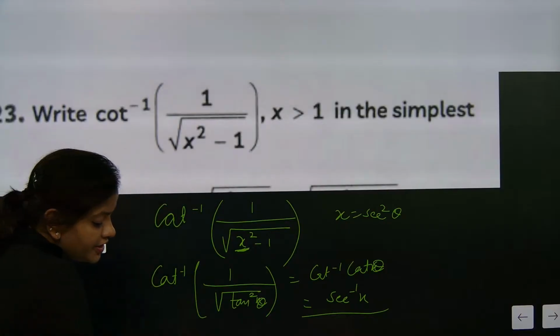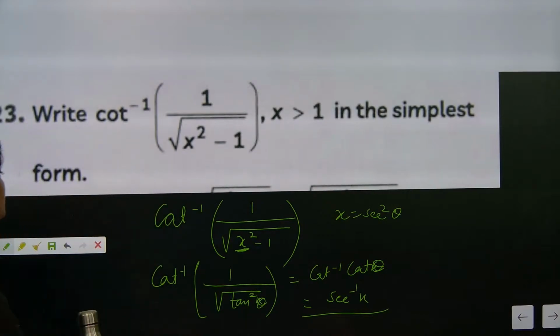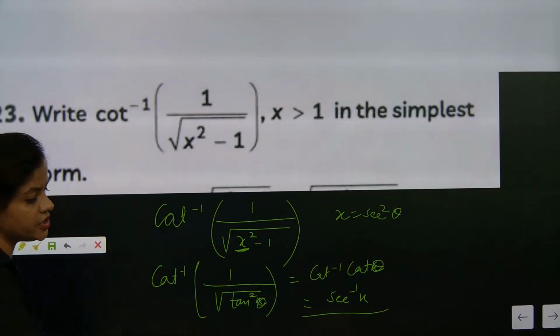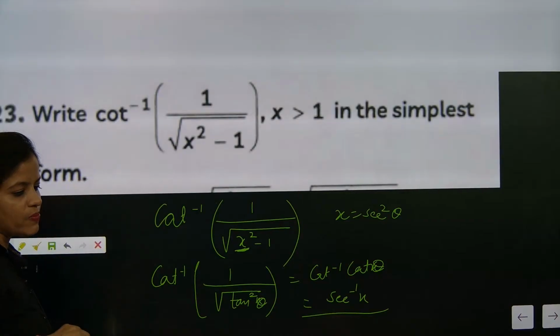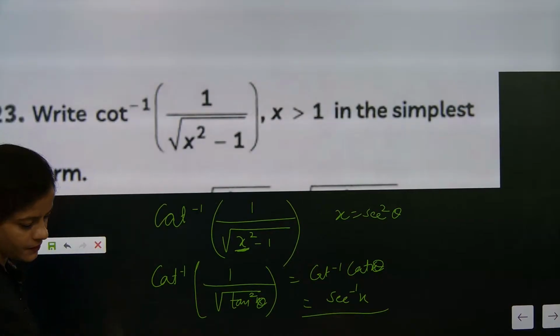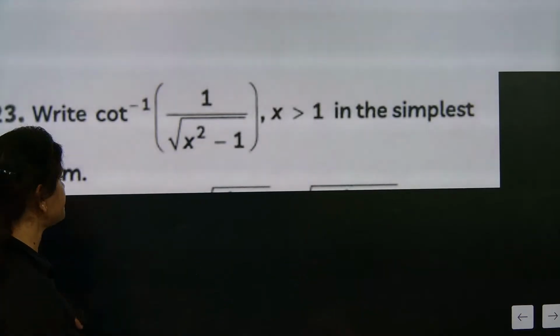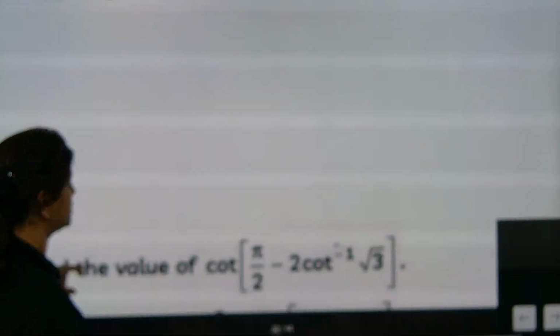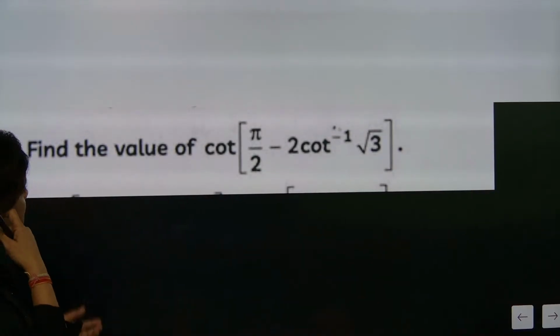Now a graph related question. One shift part is there. Hi Sakshi, that part I am going to explain. Please kindly do that section. Now, beta, since a question like this on cot inverse is coming, you will be able to solve question number 24.